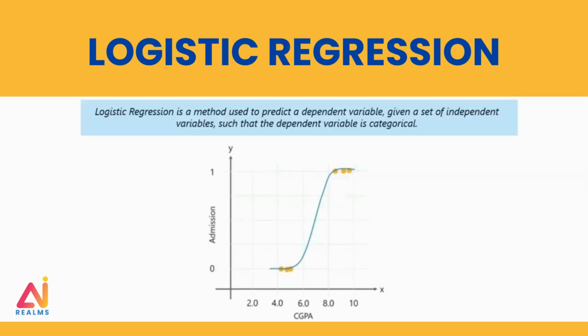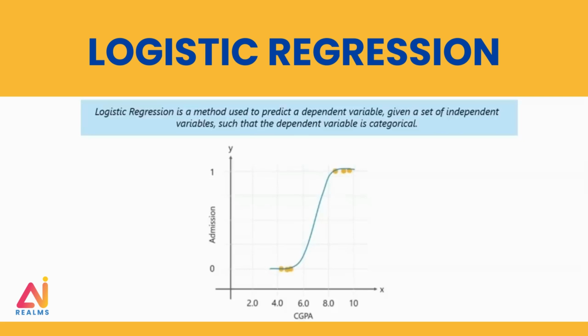It belongs to the general linear models, the same class as linear regression. Logistic regression is mainly used for classification purpose, because here you'll have to predict a dependent variable which is categorical in nature.